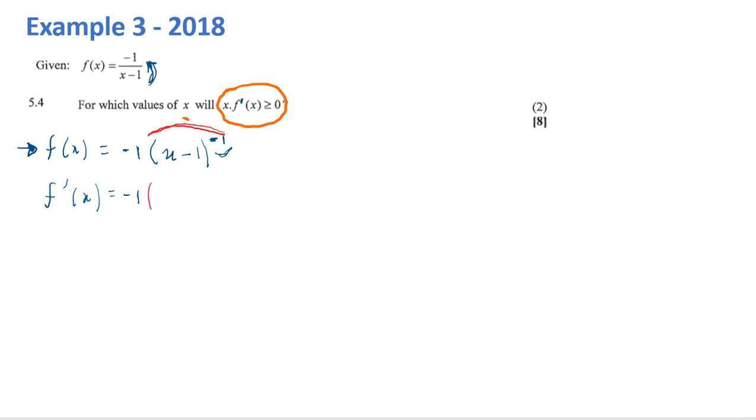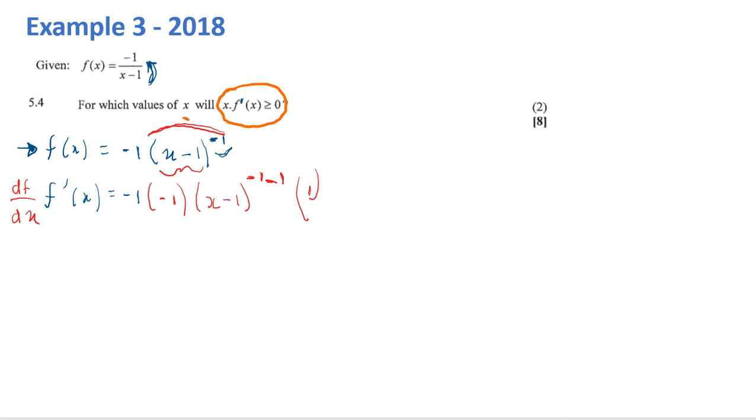So it becomes minus 1. That bracket stays constant, right? So it becomes x minus 1. And I have to subtract 1 from the power. So that's minus 1, minus 1. And then I have to compute the derivative of something inside of the bracket. Well, the derivative, which here is defined as df/dx, the derivative of x is just 1.